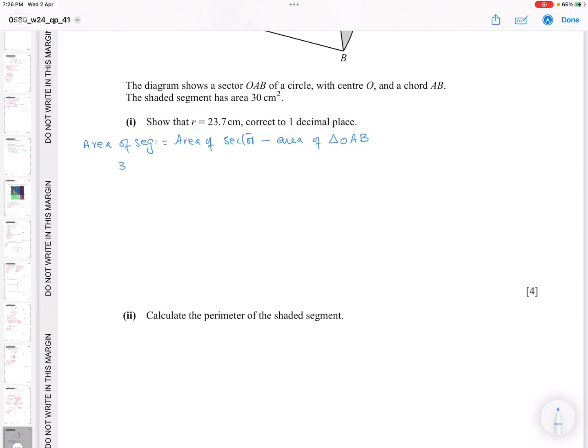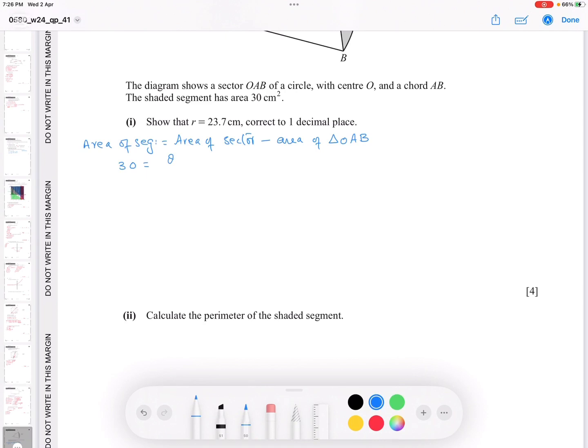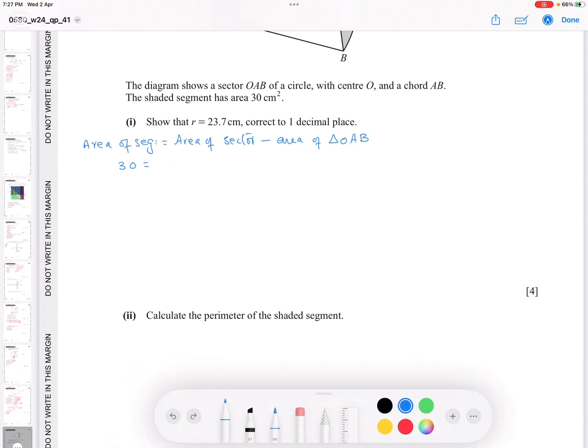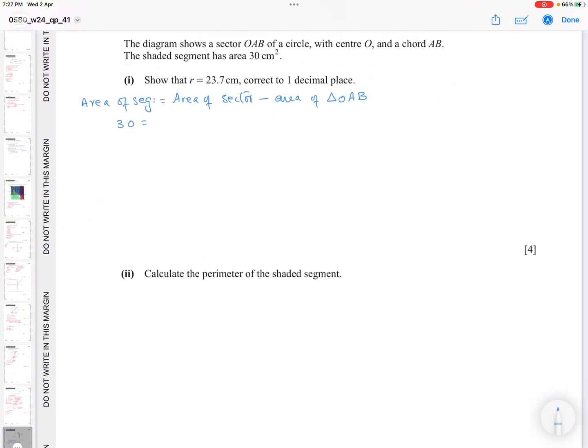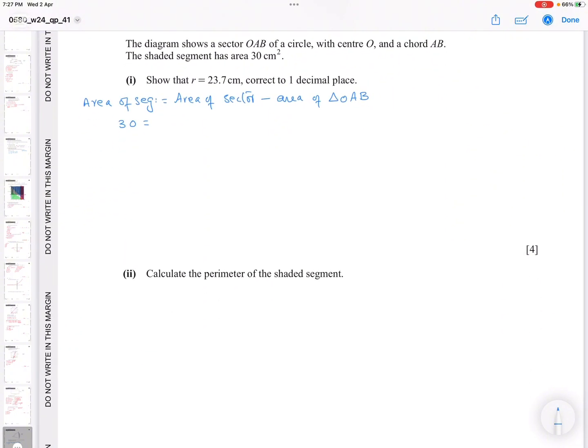So area of segment is given, 30. Area of the sector is theta over 360, and theta is already given, theta is 50 degrees. Theta over 360 into pi r squared.